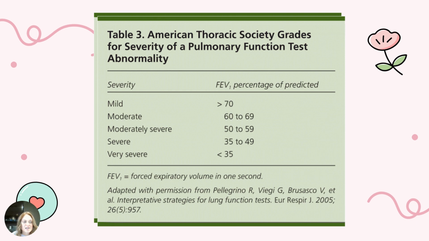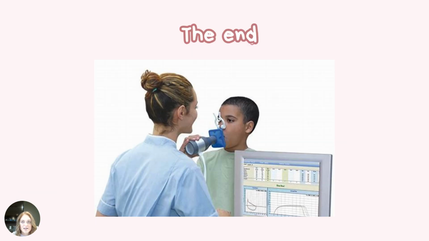So greater than or equal to 70% indicates a mild obstructive disorder. 60 to 69% is going to be a moderate obstructive disorder. 50 to 59%, moderately severe. 35 to 49%, severe. And again, like we said before, less than 35% of predicted, very, very severe. And that is the end of video 2.